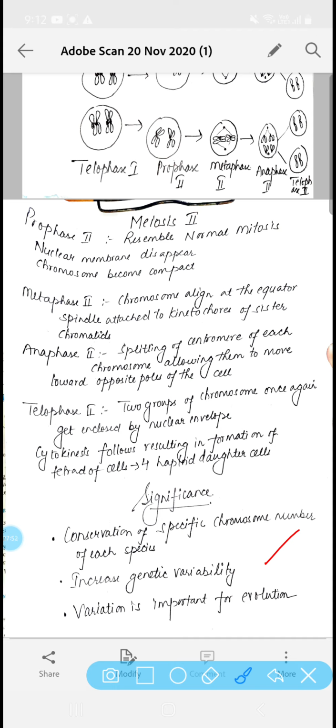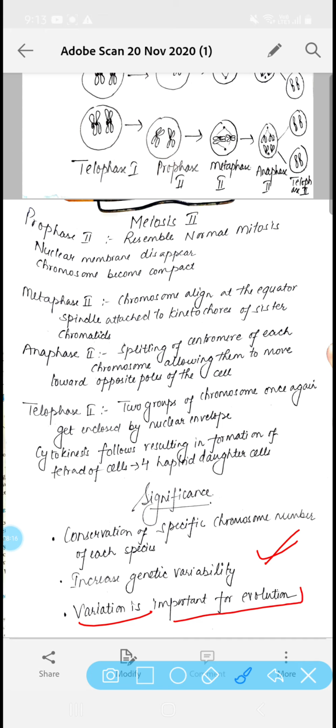Because in meiosis, crossing over takes place, recombination takes place, and new genes are able to join with different kinds of genes. So different combinations can be formed easily, and that leads to variation. And finally, variation is important for the process of evolution.